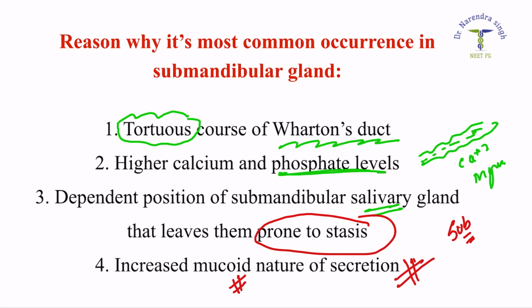Due to the pooling of saliva, we will see a swelling in the submandibular area. This swelling will spontaneously reduce slowly after an interval of a few hours, and then again when she has something to eat, the swelling will increase in size. This is known as intermittent swelling of the salivary gland.